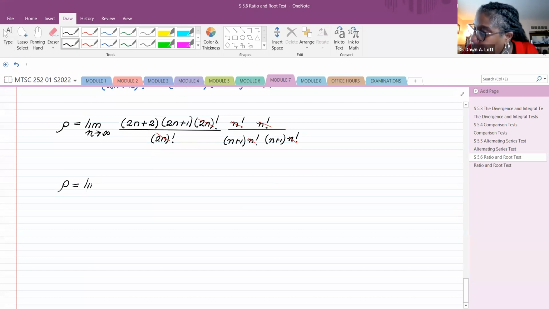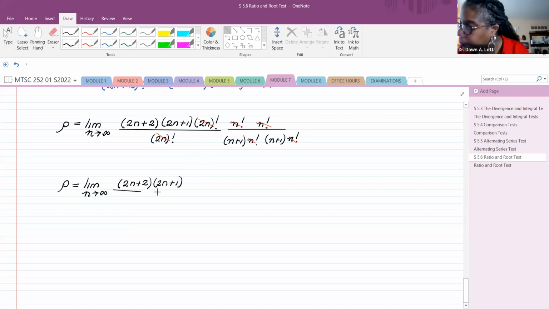Rho is equal to the limit as n approaches infinity. So now I get (2n plus 2) times (2n plus 1) divided by (n plus 1) times (n plus 1). And I want you to prove to yourselves that that limit is 4, which is greater than 1.